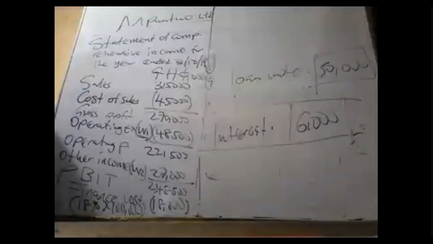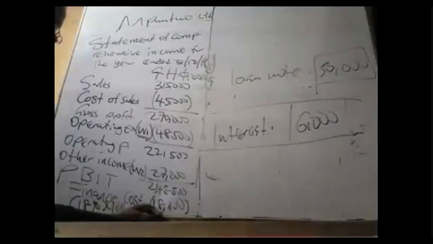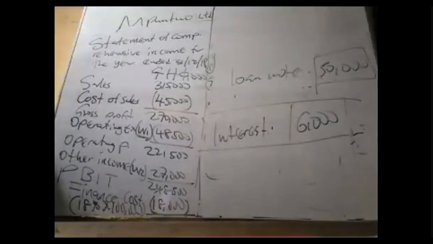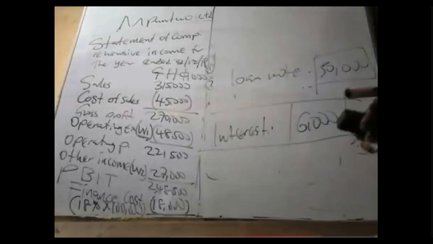So now let's move on. What's the next answer? After taking this 18,000 from it, we get what we call profit before tax. I really like the game. So I'll continue from here quickly and then finish.